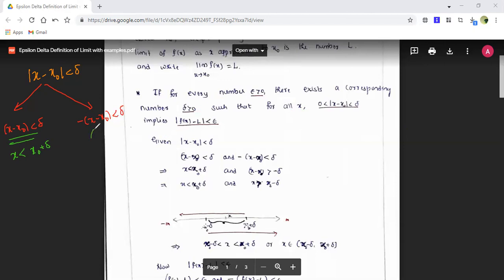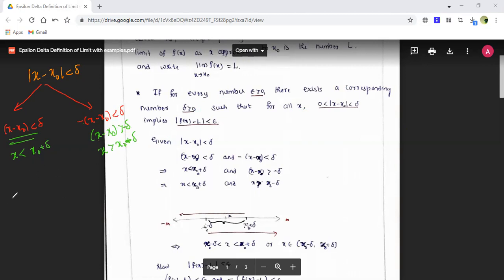So x minus x naught is greater than minus delta, because I'm just changing the minus sign. This implies x is greater than x naught minus delta.